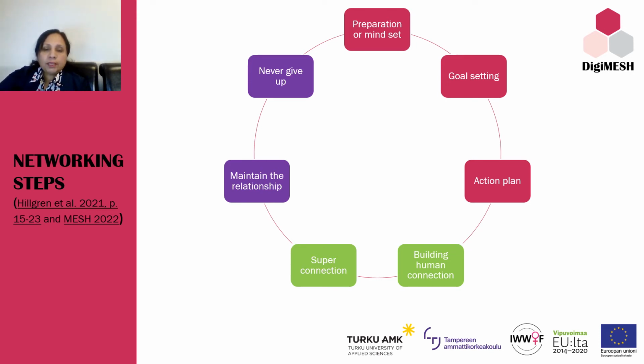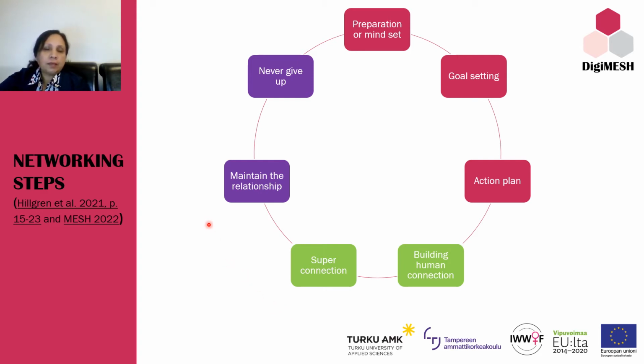And we can see that the first 3 steps are related to networking planning: preparation of mindset, goal setting, and action plan. Steps 4 and 5 are related to building human connection, or building networking digitally or face to face.